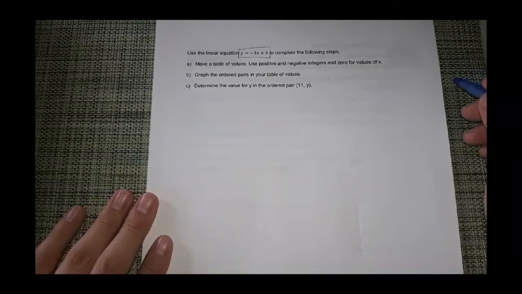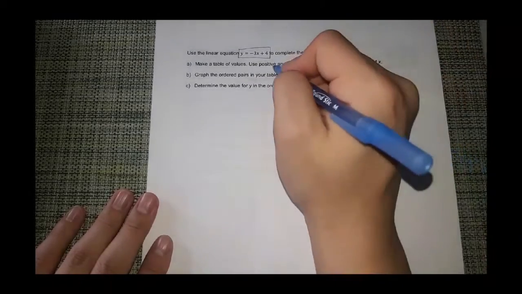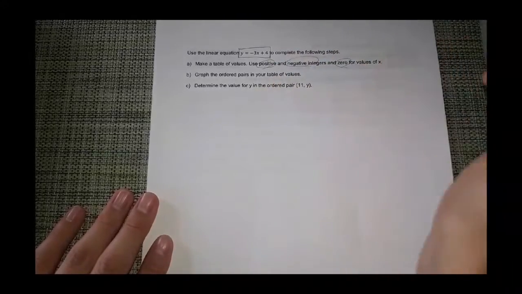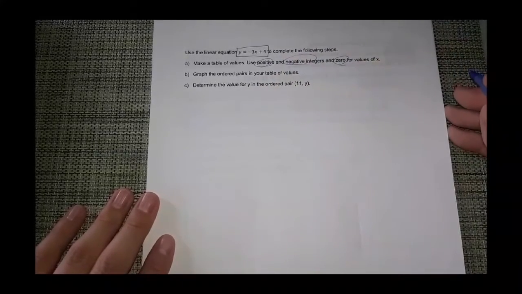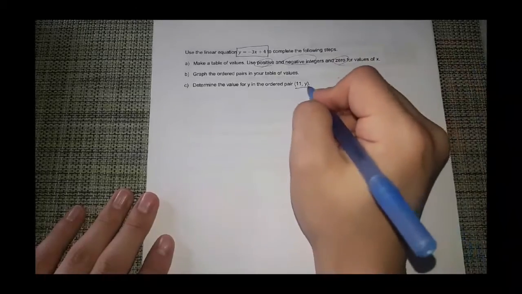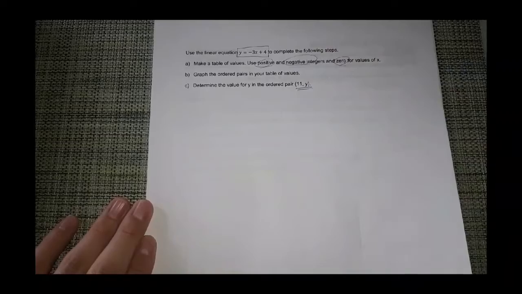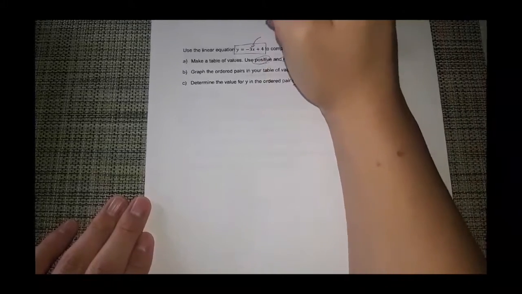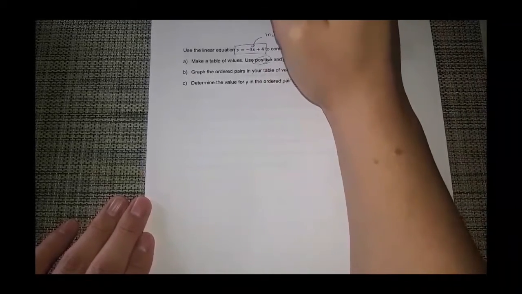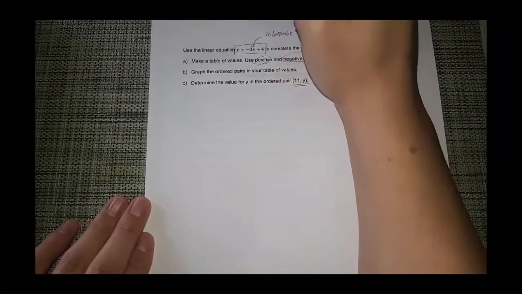Use positive and negative integers and 0, giving you a lot of conditions, and graph the ordered pairs in your table of values, and I want you to locate x and y. So in this case, the word problem is quite more direct, if you will, because we know y and x directly. If it's the previous situation, we have to find out what's the time, our independent variable, or what's my responding variable, my distance.